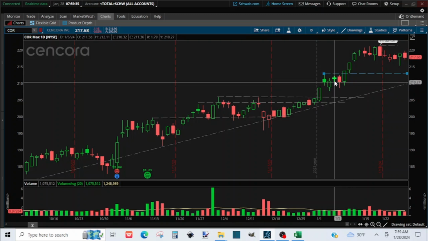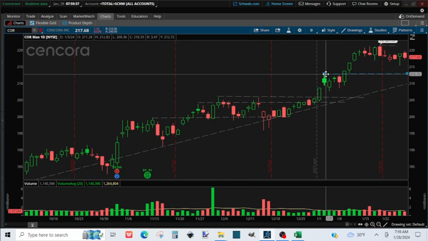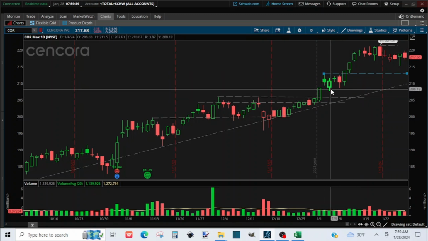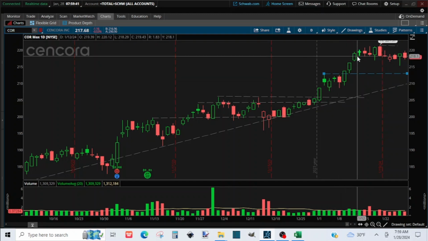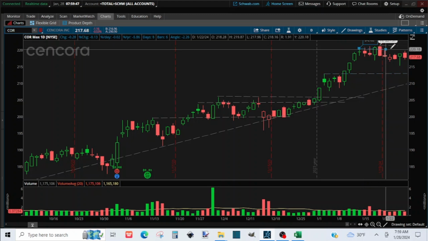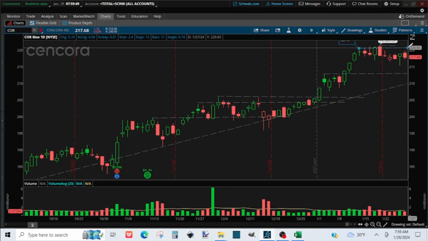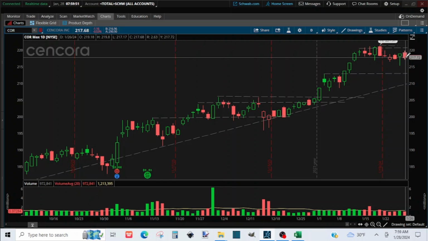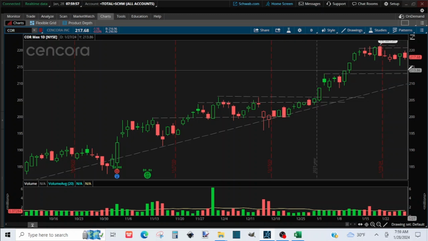Okay, so it went up, went down, went up to this area. In fact, it went to this area and went down a little bit before it went up again. So if it can come down to the support level and start going up from there, we can buy.